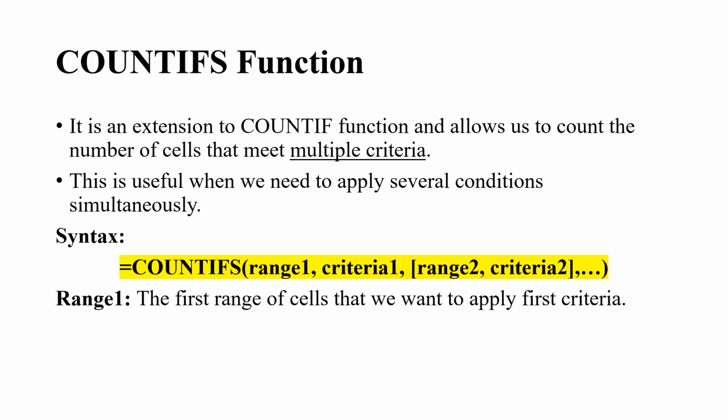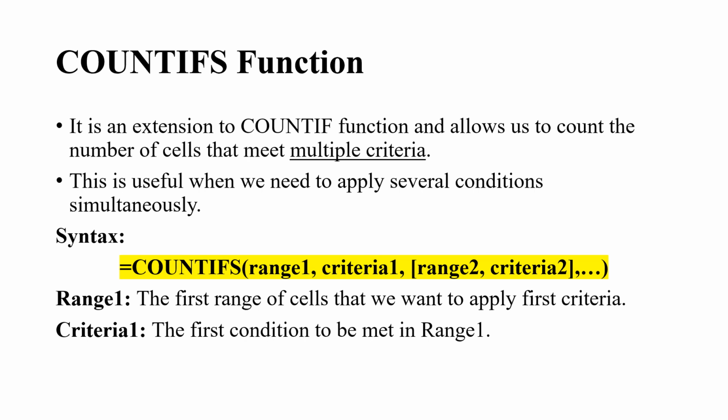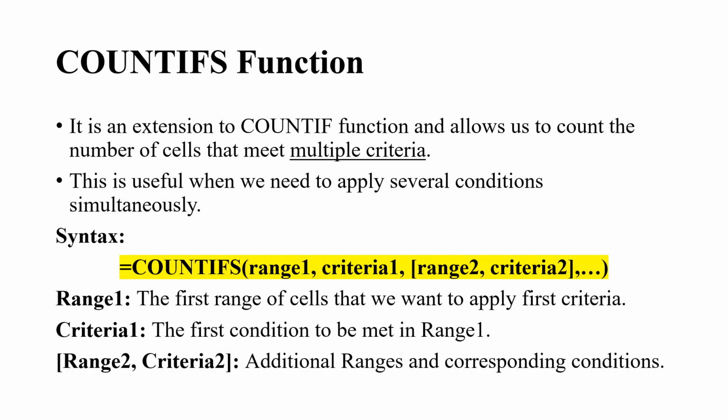For range 1, the first range of cells that we want to apply the first criteria. Criteria 1 is the first condition to be met on range 1. Range 2, criteria 2 is the corresponding second range and the second condition correspondingly.